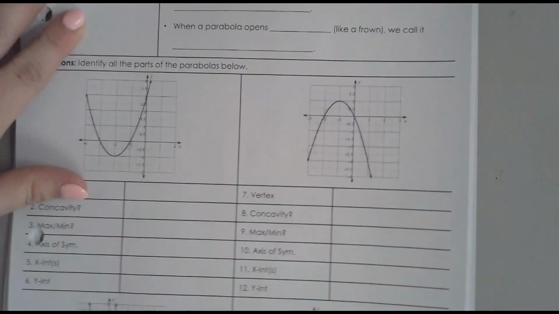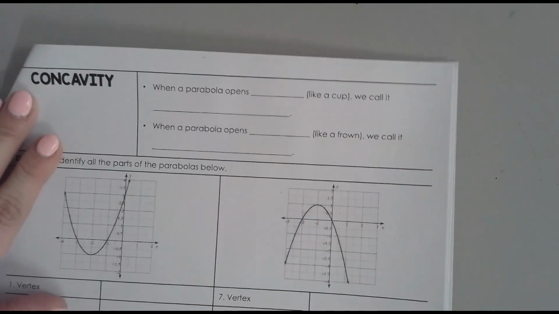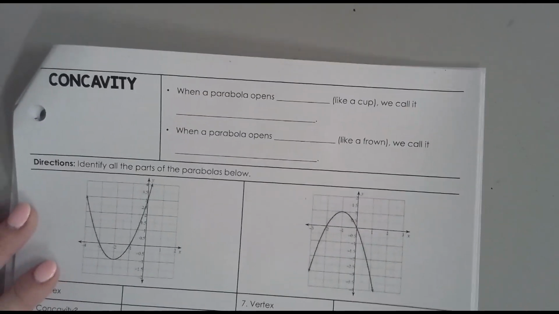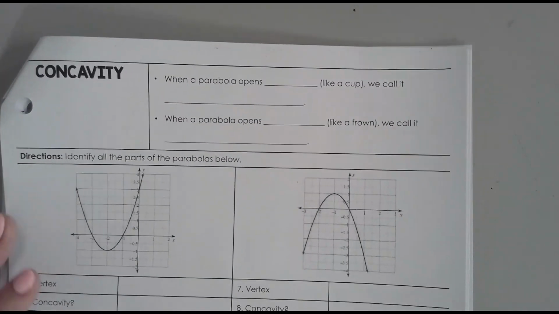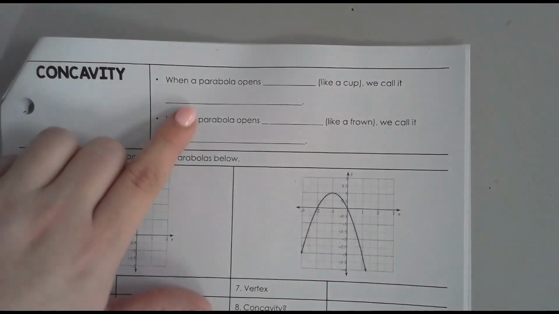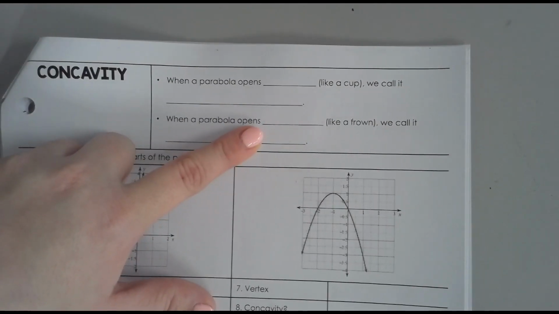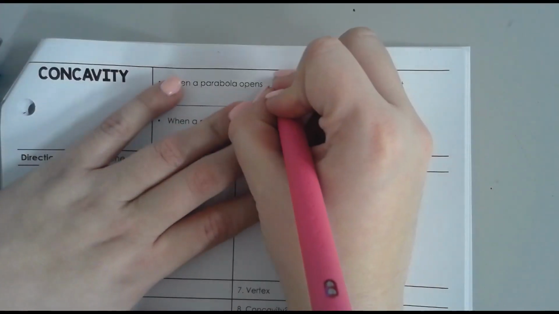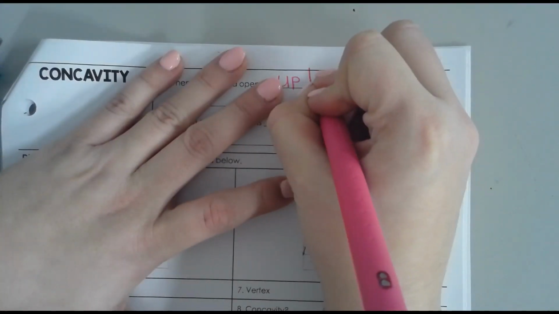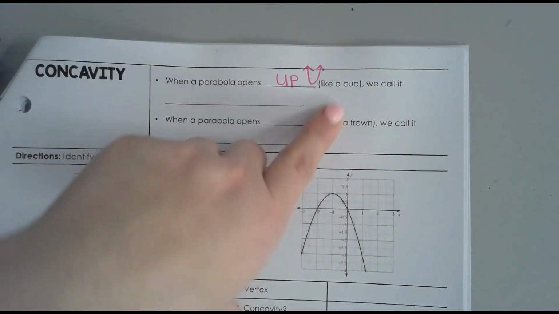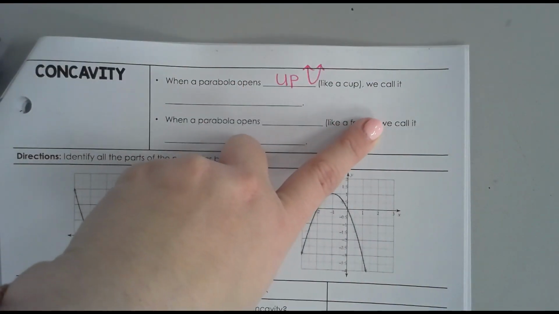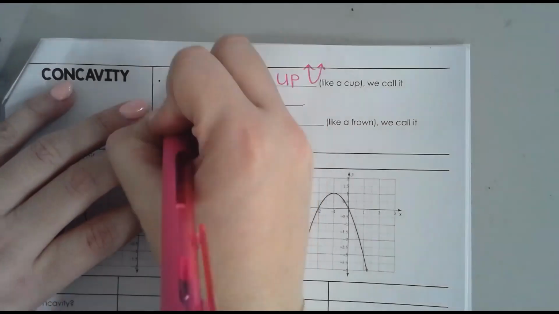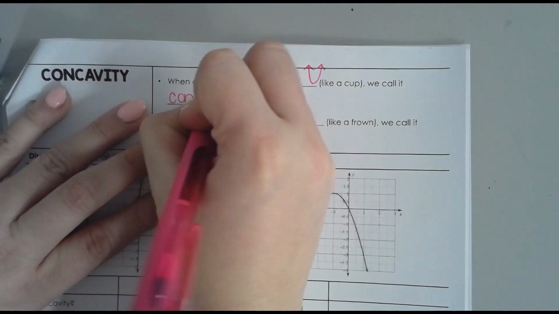Now, the other thing is some vocabulary that you really got to know for pre-cal. So I added it this year so you'd be introduced to it. Concavity. We're just using this word concave. When a graph opens up, it looks like a cup. Up like a cup. We use the terminology concave up.